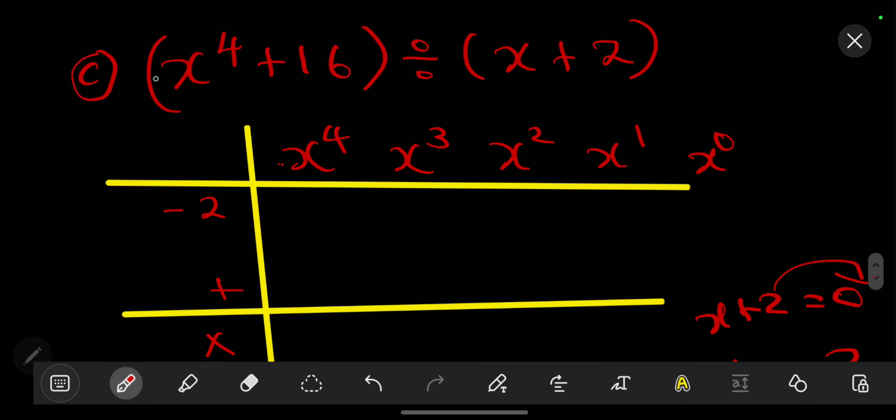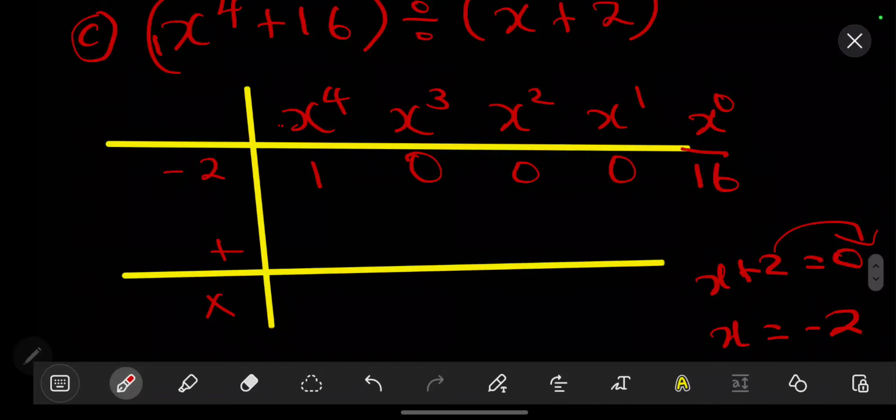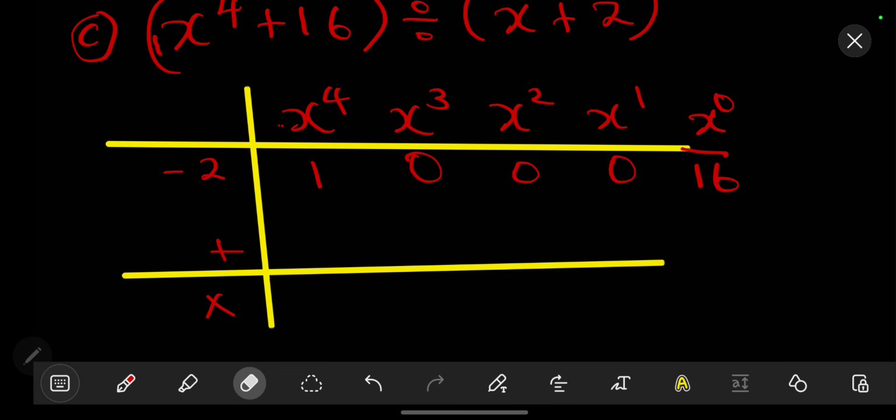The coefficient of x to the power 4 is 1, so we put 1. We have no x to the power 3, so we put 0. We don't have x to the power 1 either, so we put 0 until we reach the last value, where we put our 16. Then from there, all we have to do is our synthetic division.